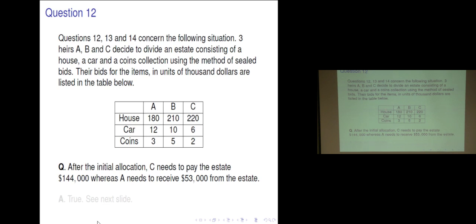The values based on their own view are listed in this table, the bids for the items in units of $1,000. So in the eyes of A, the house is worth 180,000, and so on. Now we are going to apply the method of sealed bids to give them a fair division.